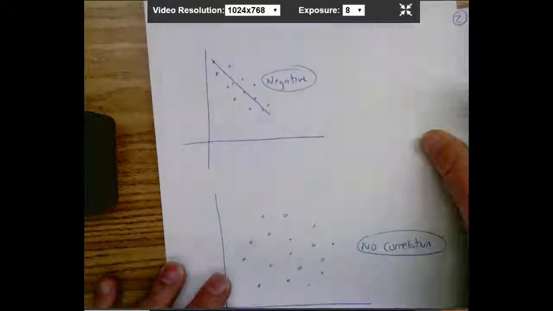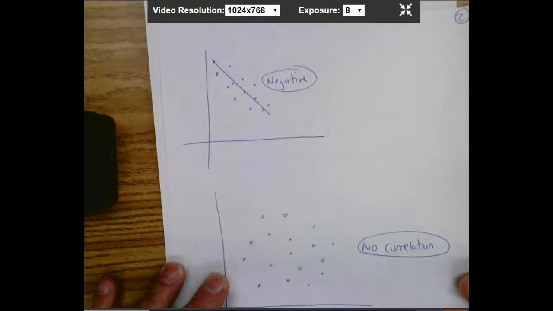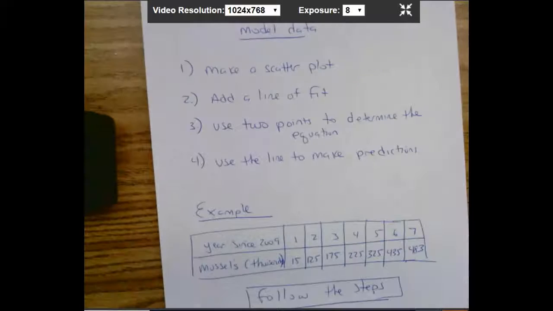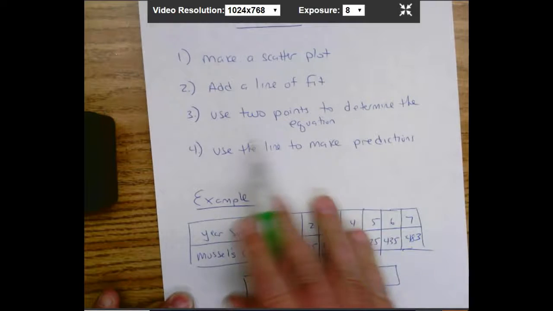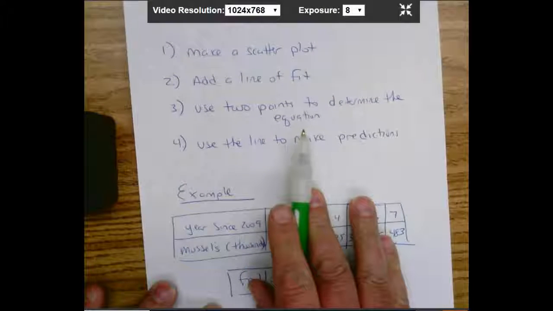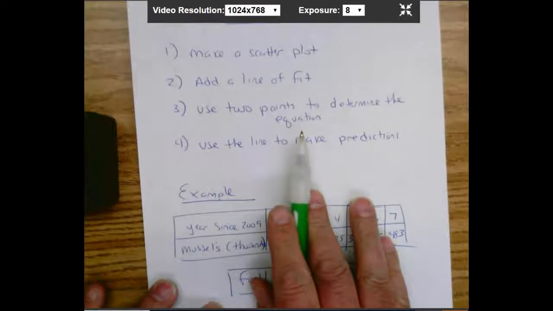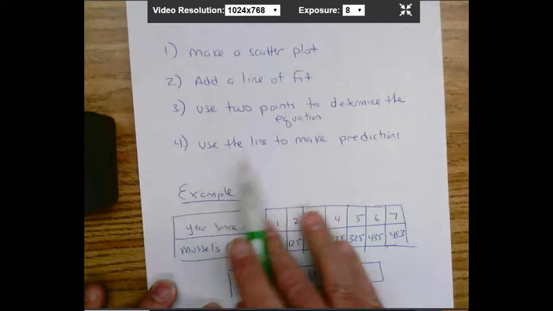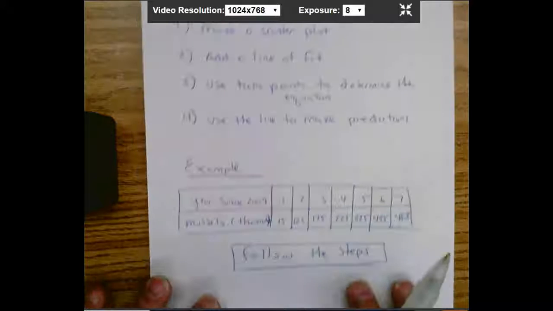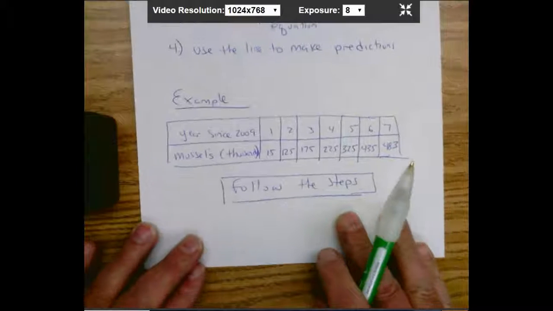We could find out where the best, or predict where that line is in the coordinate plane, and then add it. And then we could pick any 2 points on that line and then determine the equation or the function for that line. Okay? And then we could use the line to make predictions. And I'm going to show you an example here of what I'm talking about.